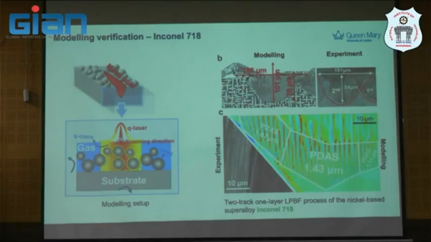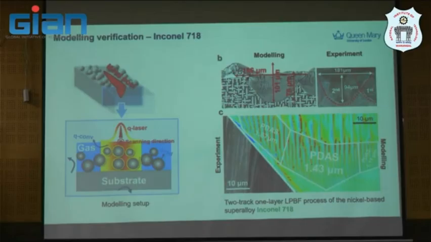And then you see, this is prediction, not experiment. The predicted structure here, in terms of dendrite arm spacing, is very similar to the melt pool in the experiment. And when we look closer at this primary dendrite, you will see the spacing is on the 1 micron scale.